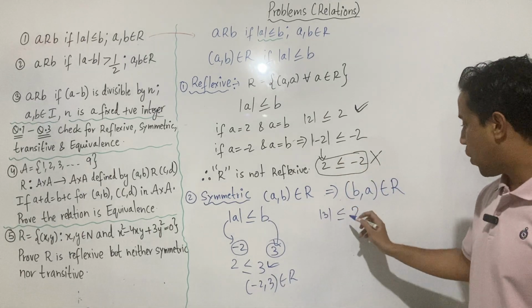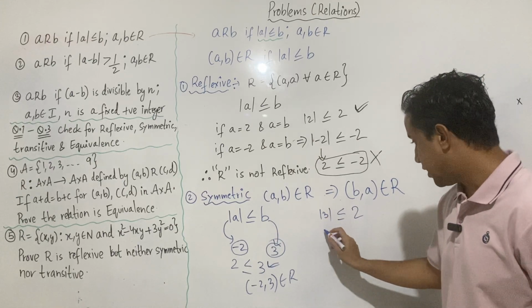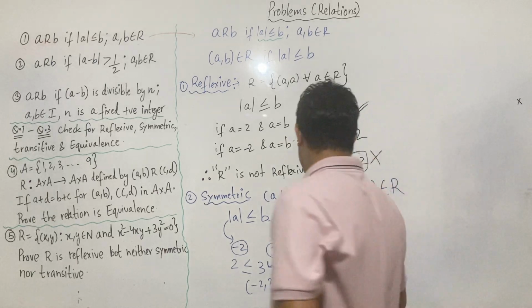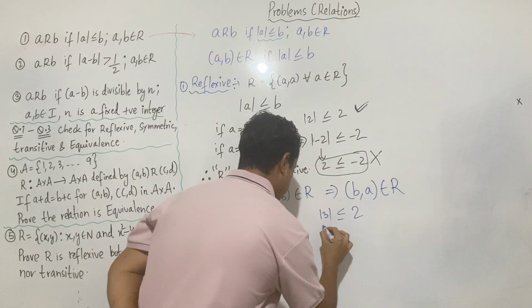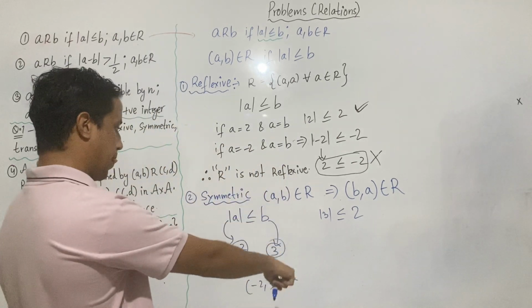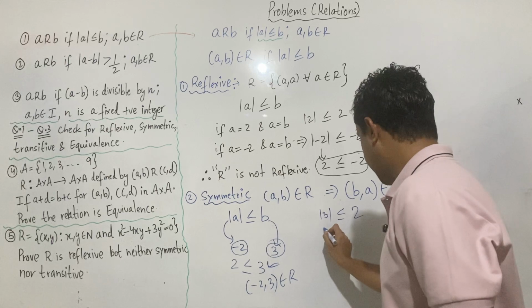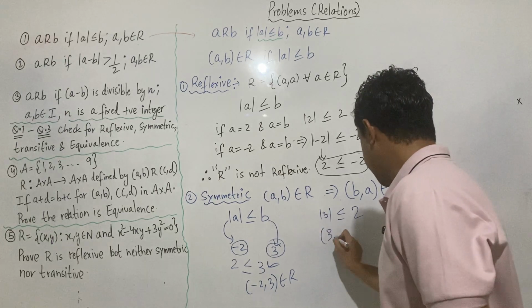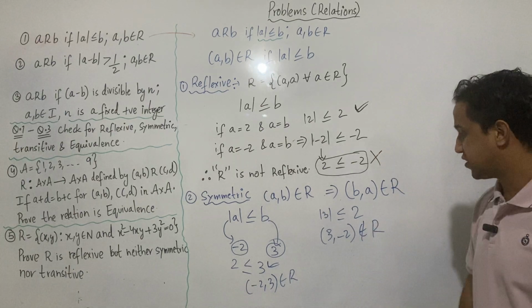But when I put the opposite, 3 and minus 2, it's not going to be in relation R, right?